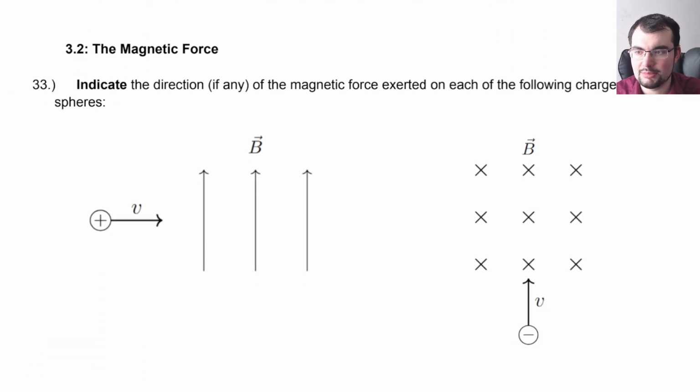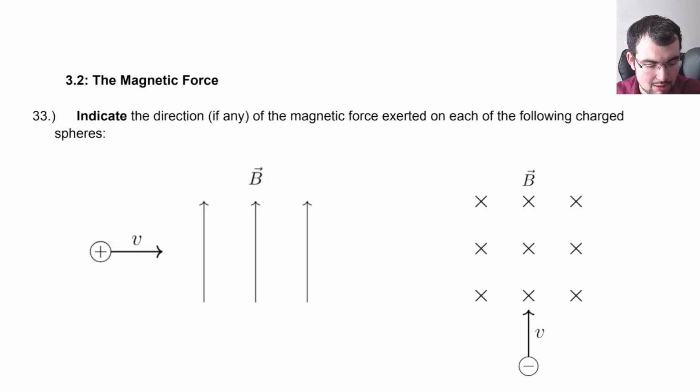All right, we just got some basic right-hand rule stuff to do here. So again, for charges, we say if you have a positive charge, you can stick your thumb in the direction of V and your fingers in the direction of B, and your palm will be the force.